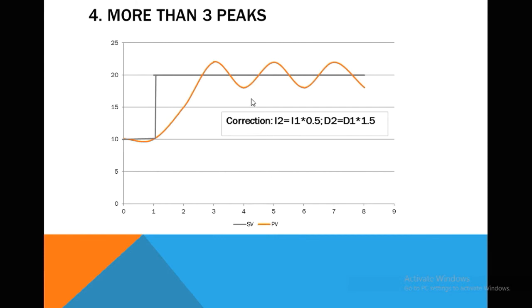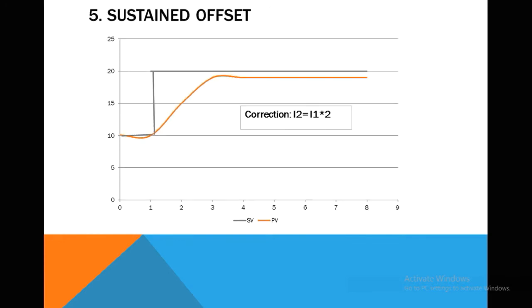If the peaks are continuing more than 3, then integral time has to be reduced to 50% and derivative time has to be increased by 50%. Can you notice, increased by 50%? And the last one is, if the offset is sustained, integral time has to be multiplied by 2.